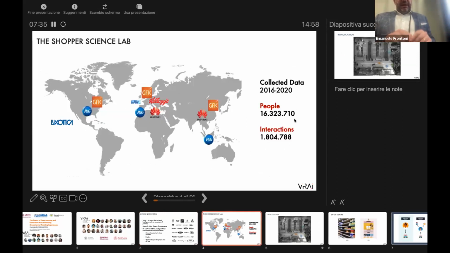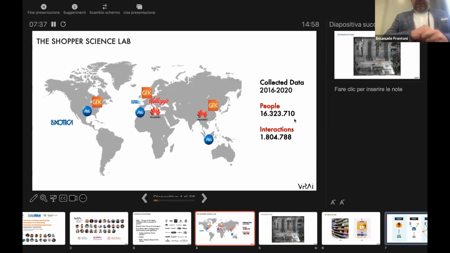So we started almost 10 years ago with this idea of the Shopper Science Lab. For us, the Shopper Science Lab is a long list of flagship stores around the world that can be used to gather a huge amount of data. This idea is inside the physical store.